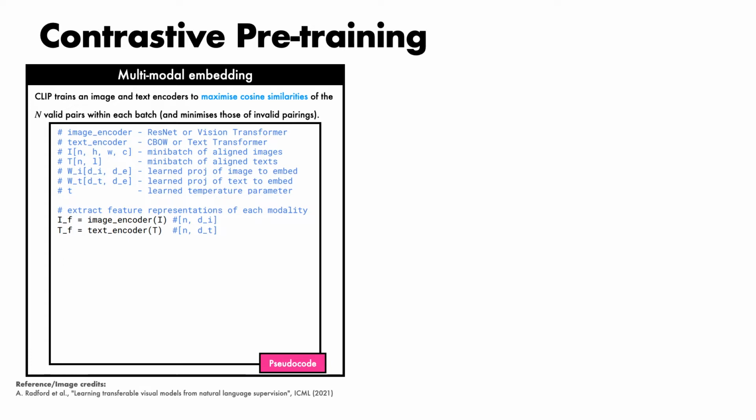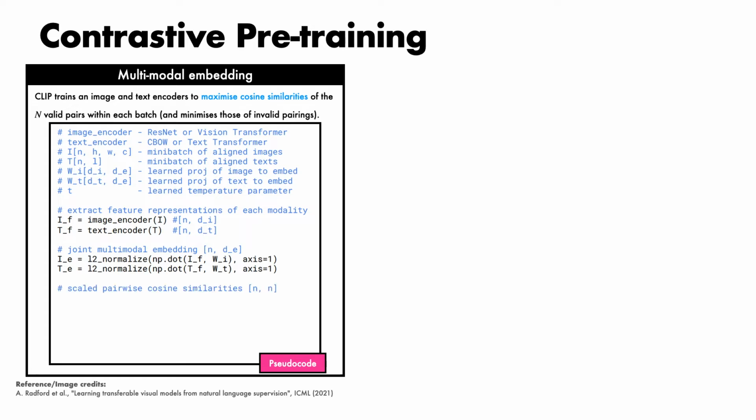Next, we compute multimodal embeddings in the shared DE dimensional space by projecting the image features by WI and L2 normalizing, then projecting the text features by WT and L2 normalizing. We use these embeddings to compute an n by n matrix of scaled pairwise cosine similarities via a matrix multiply and multiplication by the exponentiated temperature parameter.